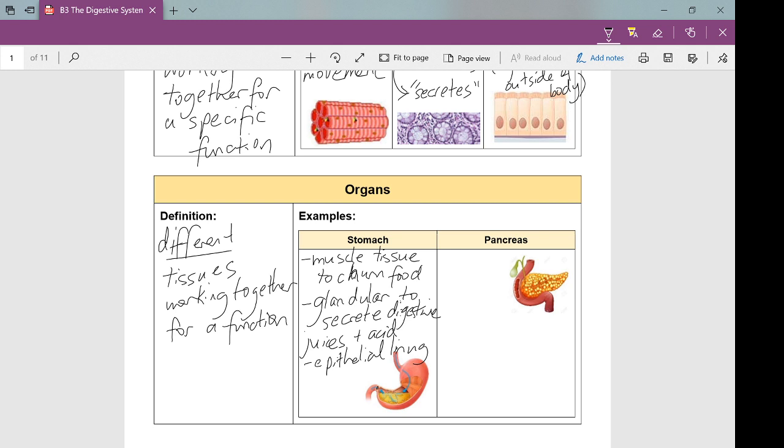Now, with the pancreas, this might be a new organ that you may have heard of before, but you're not really quite sure what it does. So it has a bunch of different tissues, but the main thing that you have to be aware of, and we're going to talk about one of its functions in this section, but later on in paper 1, you're going to talk about another function of the pancreas.